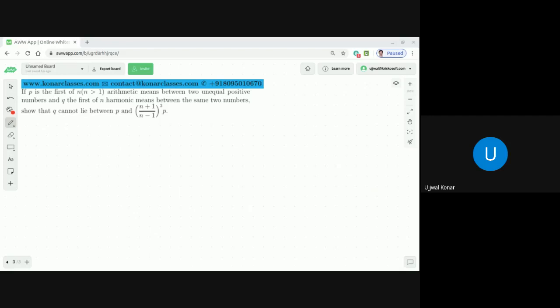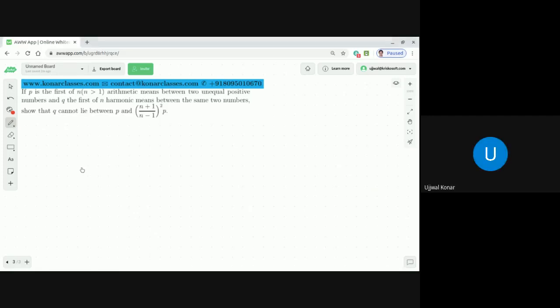If P is the first of the n arithmetic means between two unequal positive numbers, and Q the first of n harmonic means between the same two numbers, show that Q cannot lie between P and ((n plus 1) by (n minus 1)) whole square into P. Now, how to do this?